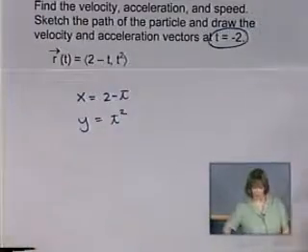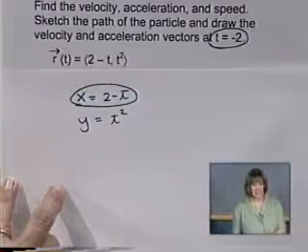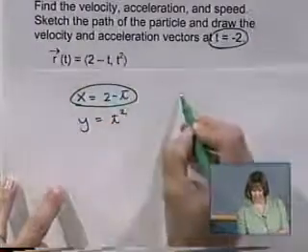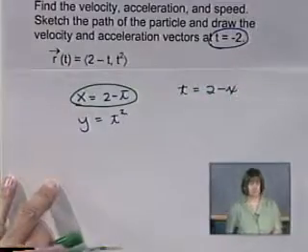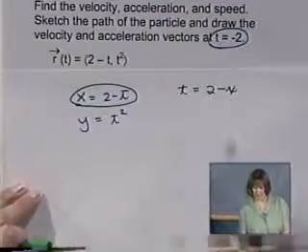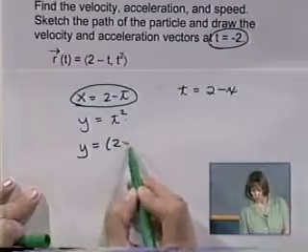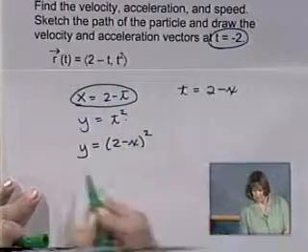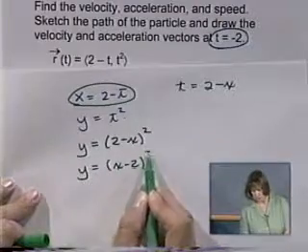So I'm going to take my x equation and solve for t. So I'm going to add a t to the left and subtract an x on the right. So I have t equals 2 minus x, so if y is equal to t squared, y would be 2 minus x squared, and 2 minus x squared is exactly x minus 2 squared.